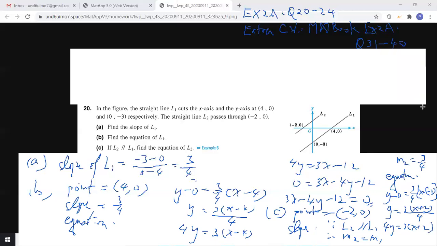Then 4y is equal to 3x plus 6. Then move all the terms to one side, keeping the x term positive. So 3x minus 4y plus 6 equals 0. Finally, this is the answer. So this is question number 20.